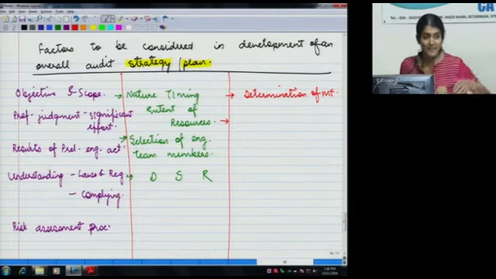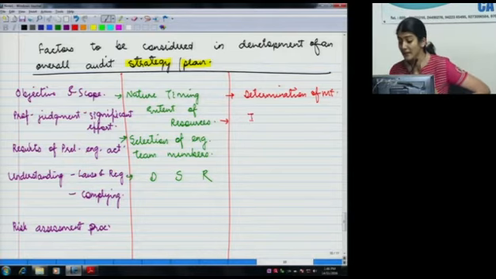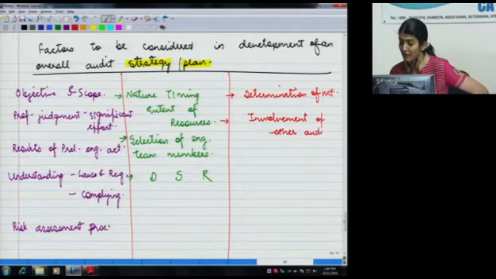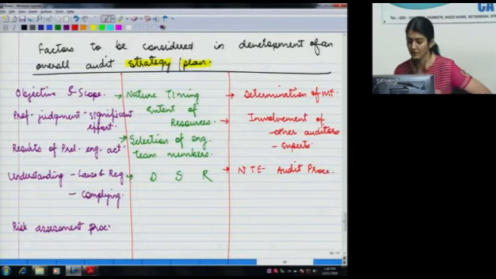So obviously materiality is to be considered right from the planning stage. So determination of materiality, involvement of other auditors, involvement of experts, involvement of the branch auditors, and last one, deciding upon the nature, timing and extent of the audit procedures to be performed.